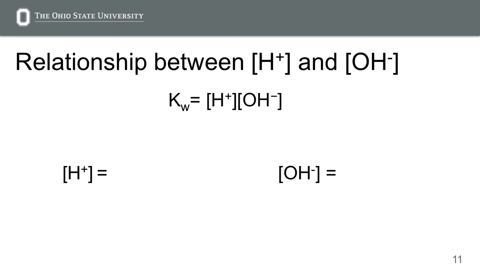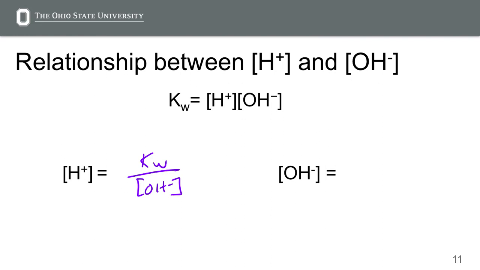So here's our relationship between H plus and OH minus. To calculate an H plus concentration, if we rearrange this equation, the concentration of H plus is equal to Kw divided by the concentration of OH minus.